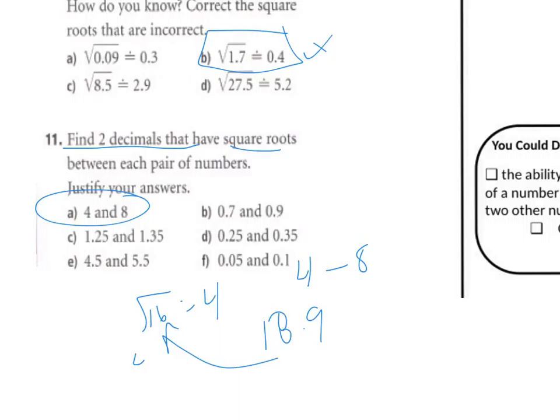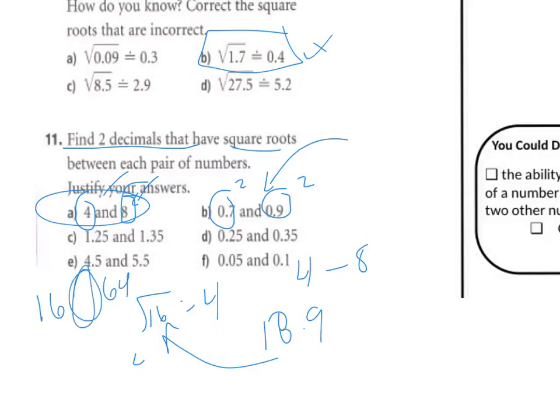So what you can do is essentially take this number, square it, take this number and square it, and then find some places in between to see if that works. If I had taken this number and squared it, and this number and squared it, I would have got 16 and 64, and I have to find a number between 16 and 64 to match this question.